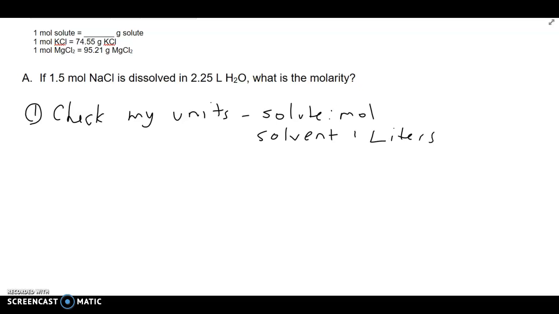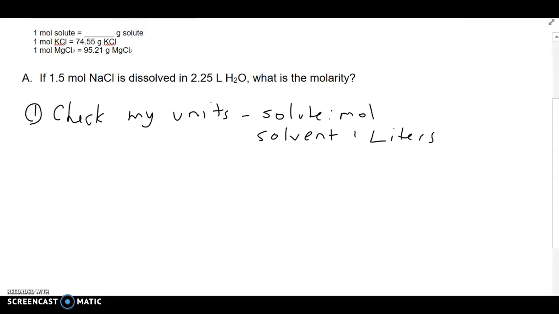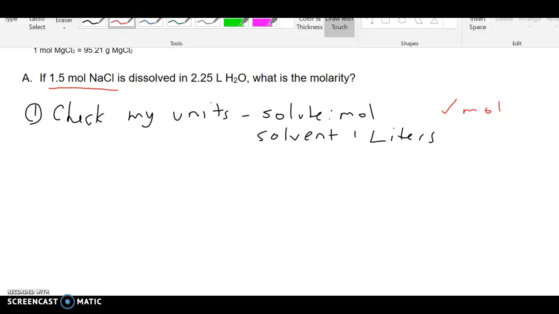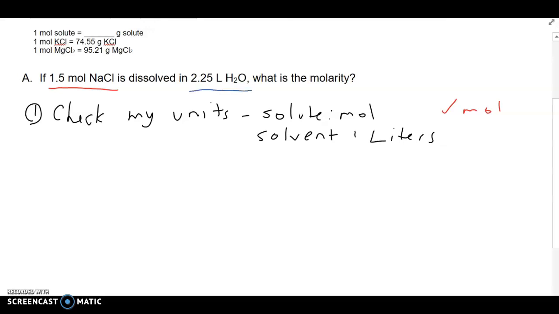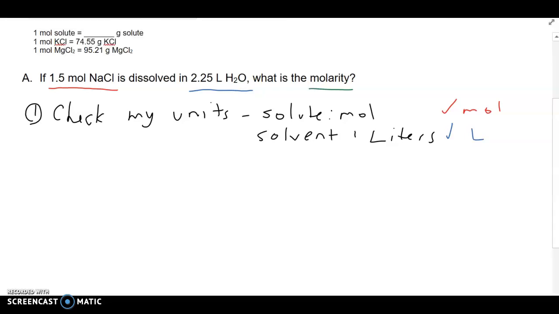If my units are correct, then all I have to worry about is plugging things into my equation. So here I have moles of NaCl. So I have my solute in moles. That is correct. And my solvent is in liters. So that works for me. This is good.